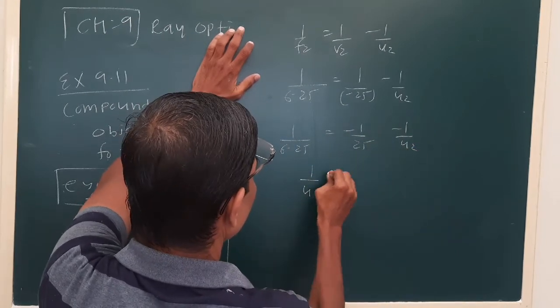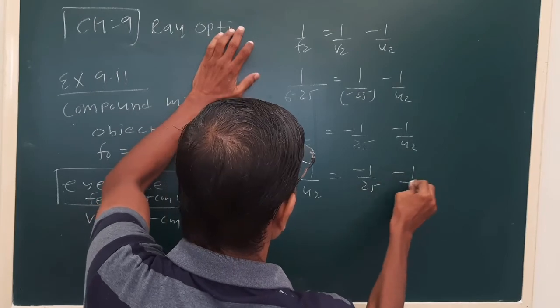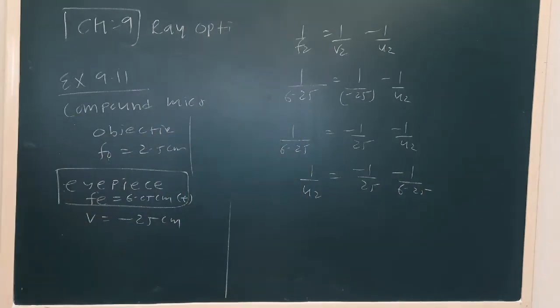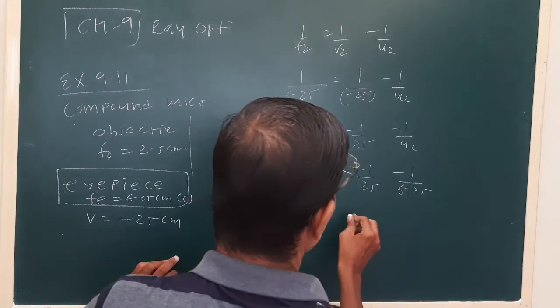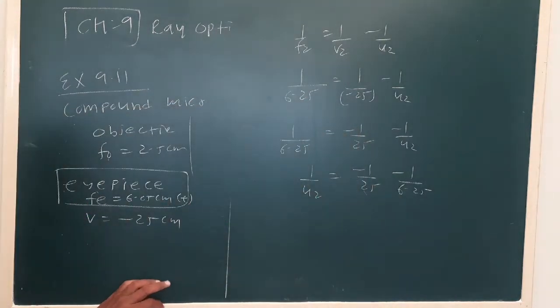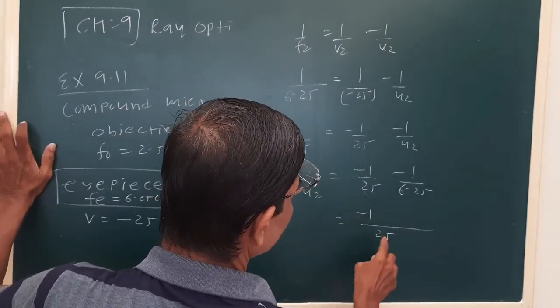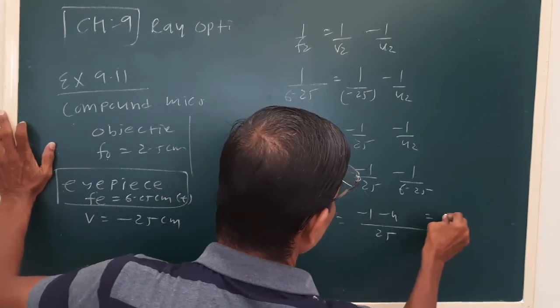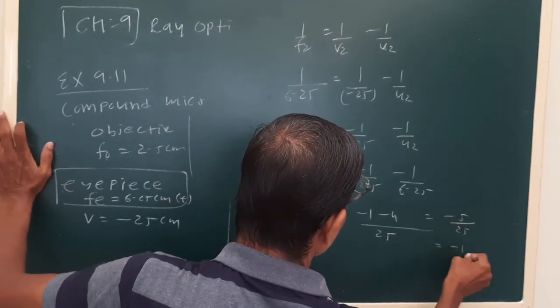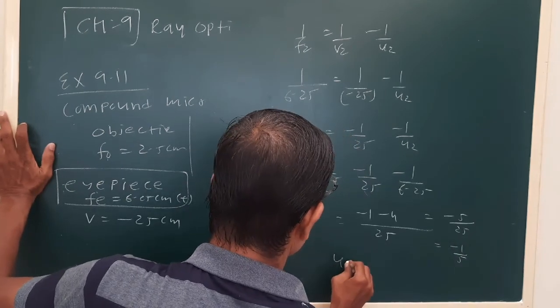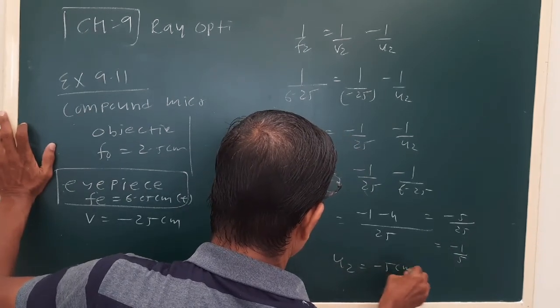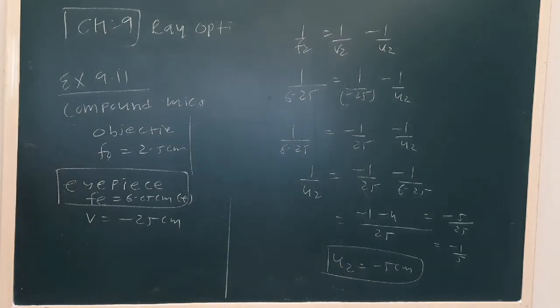So 1 upon U2 is... Now see here, 25 is a multiple of 6.25, so LCM will be 25. 25 upon 25 is 1, 25 upon 6.25 will be 4, so minus 5 upon 25. See, U2 we get as 5 centimeter.